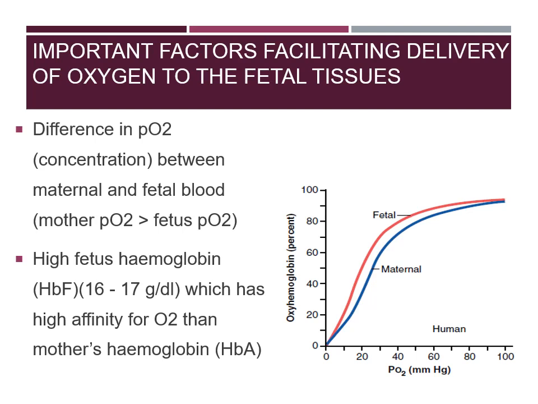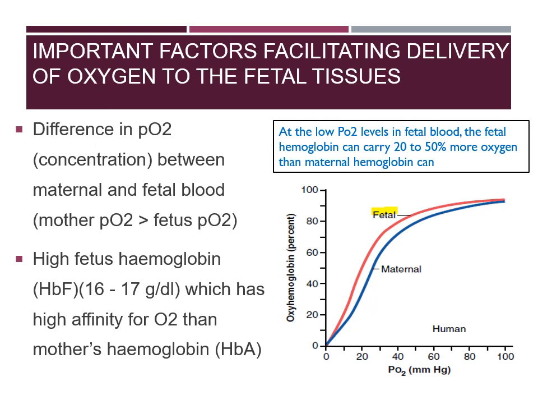The dissociation curve for oxygen for the fetal hemoglobin is shifted to the left. That means the fetal hemoglobin has a higher tendency to bind and combine with oxygen than the maternal hemoglobin.